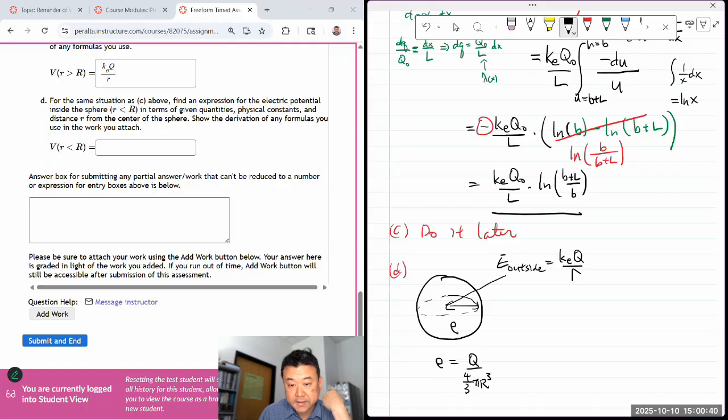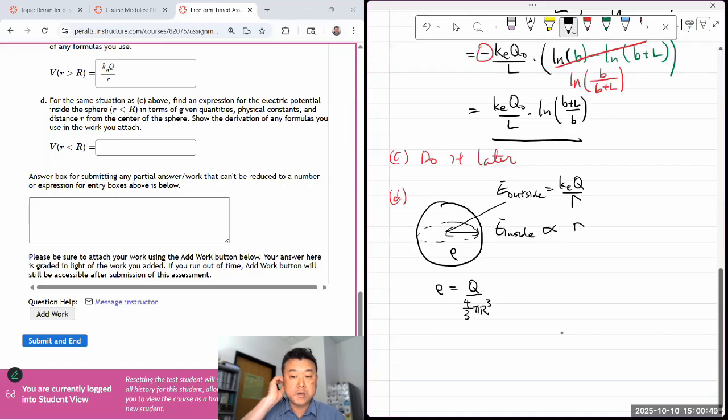Electric field inside, I know it's proportional to r from having derived it with Gauss's law before. So the way I would do it is I'm just going to guess at some formulas. It should be Ke q over R cubed times r.